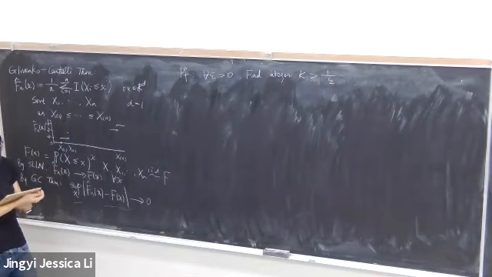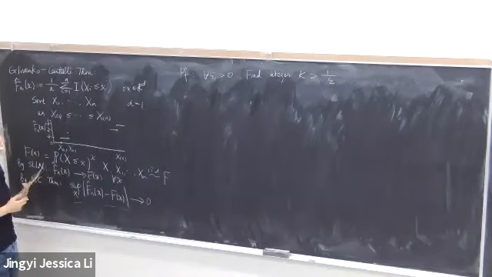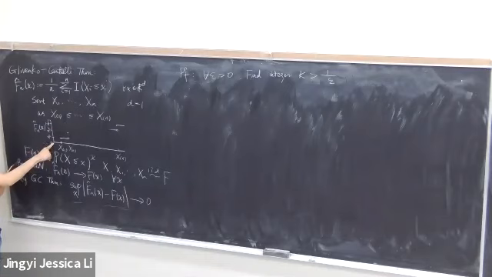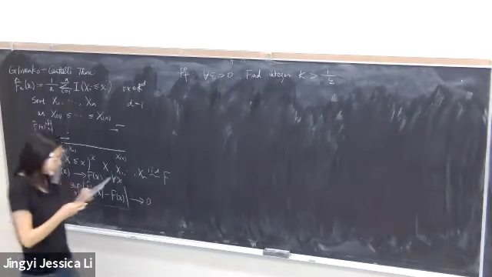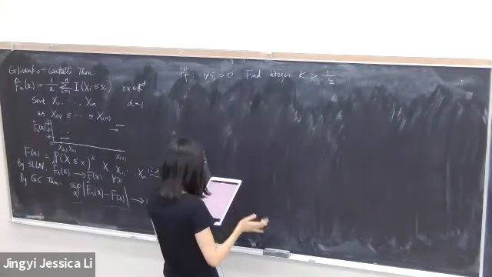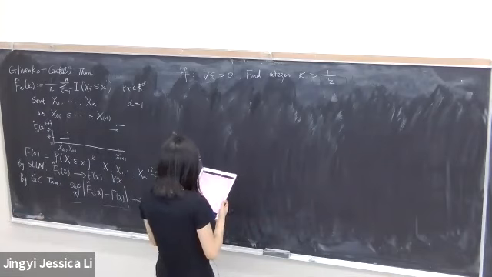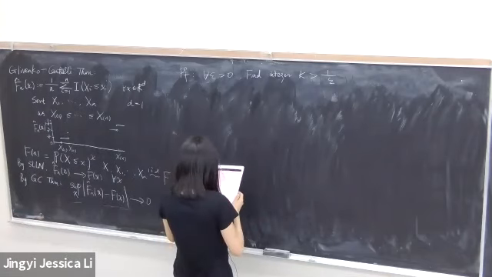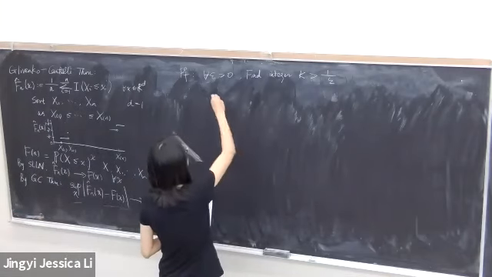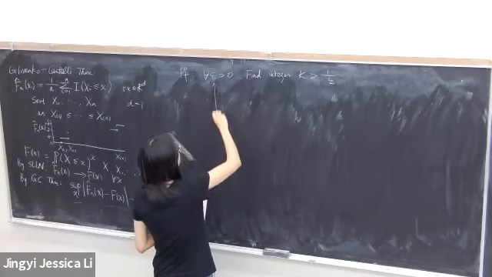So I will use this integer to divide the interval from 0 to 1 into intervals of length 1 over k. Okay, so we'll see that. So basically, what I will try to do is this.